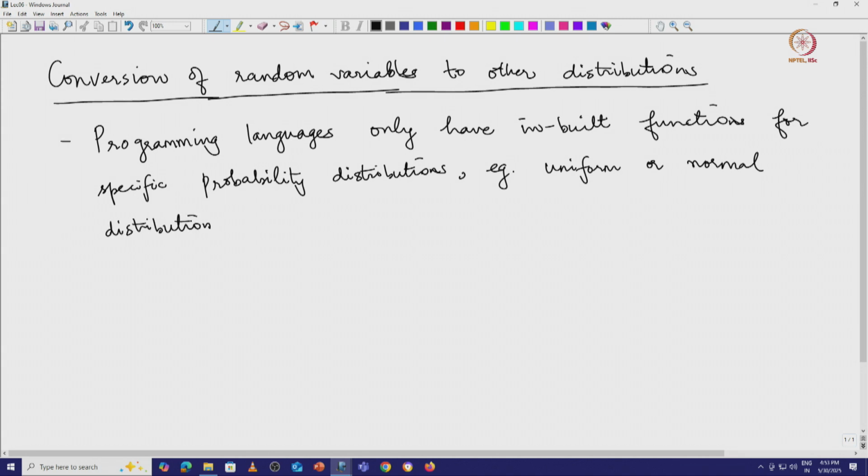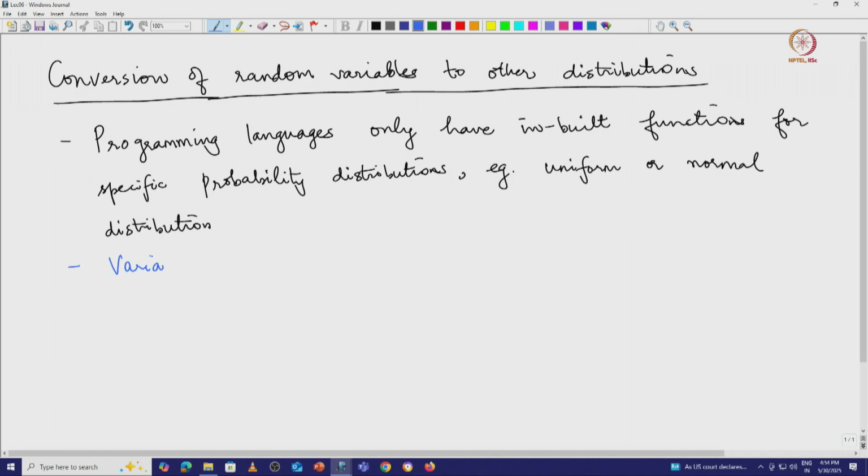But what if you want to generate a random variable that is sampled from an exponential distribution, right, or from the student's t distribution? How do you do that? That is what we will learn here, right. So in this scenario, we can use variable transformations to obtain random numbers following the desired distribution.